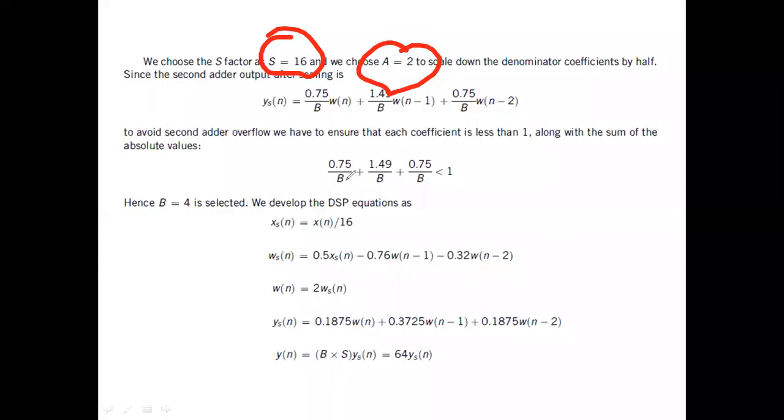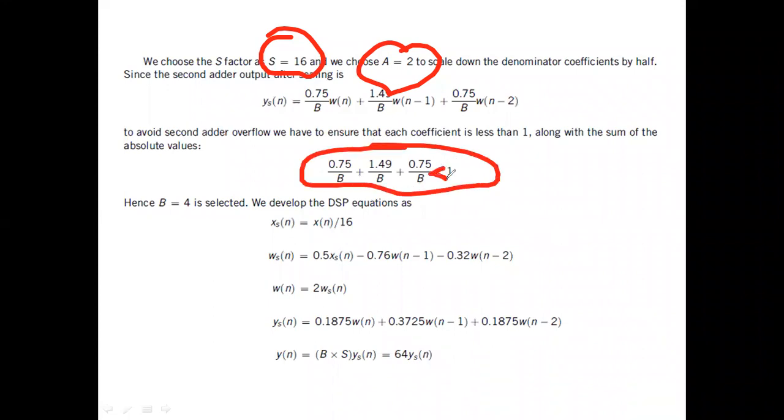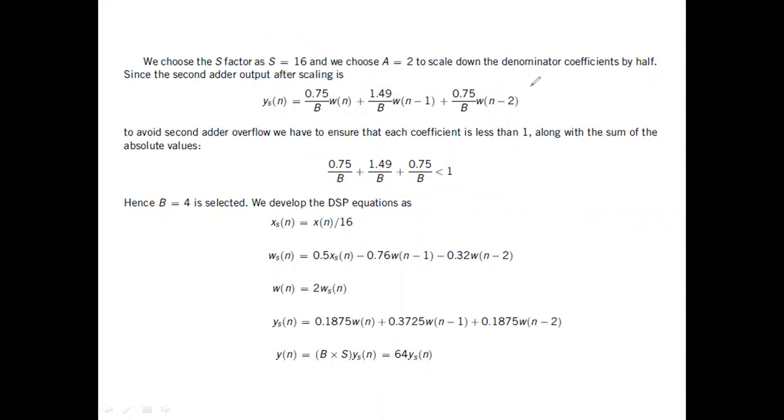For b, the sum of the three numbers should not exceed 1. Taking that into consideration, this is sort of confusing us. But 1.49 plus 0.75 plus 0.75, I think 4 was the nearest match, and it fits the requirement. So b is 4. A little tricky here.